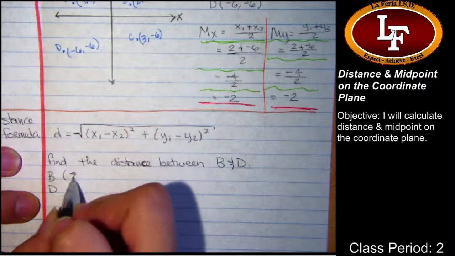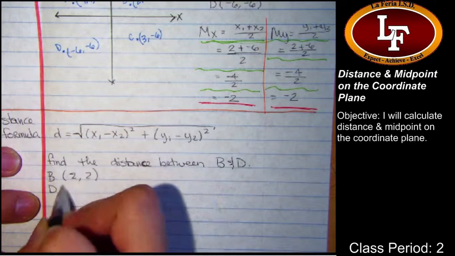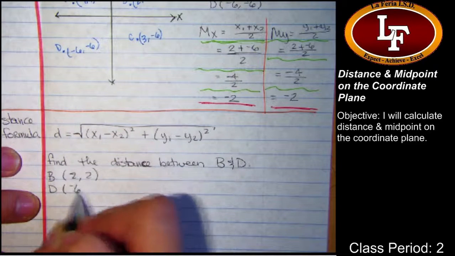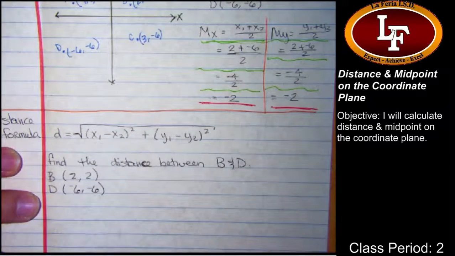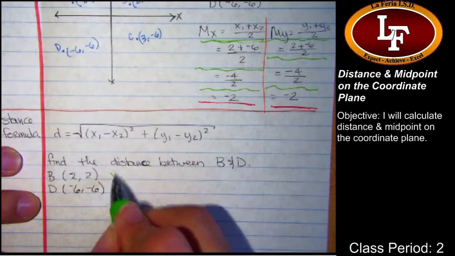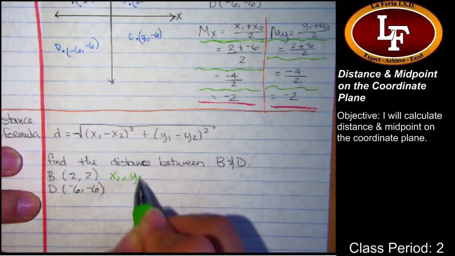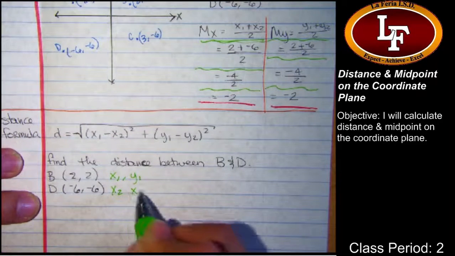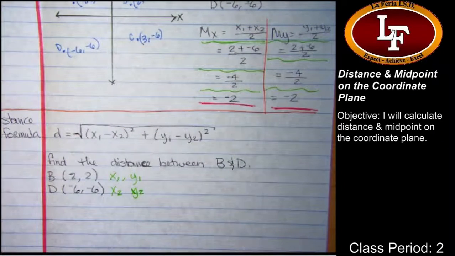And D? Negative 6. Awesome. So which one's going to be x1, y1? Okay, you're calling B x1, y1. And the short story is it doesn't matter which one you pick, as long as you picked one.